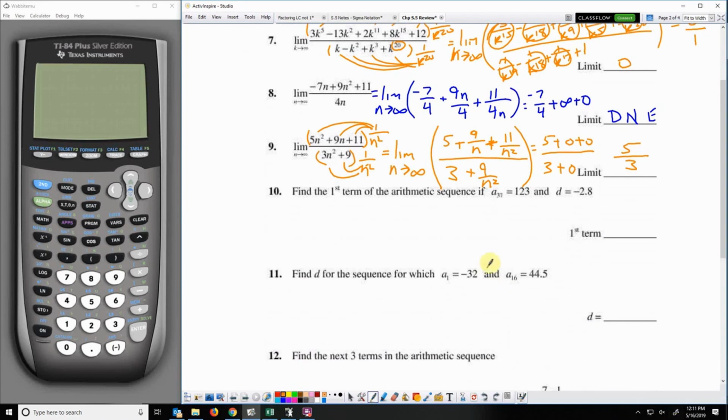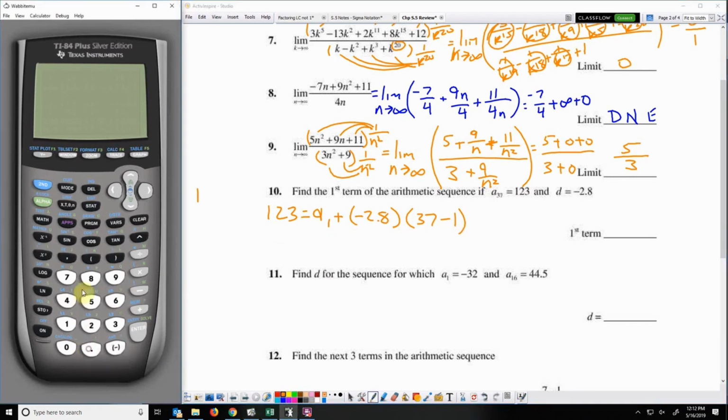Find the first term of an arithmetic sequence. That is formula 1. So we're looking for a sub 1, knowing that a sub 37 is 123. You don't know a1. The common difference is negative 2.8. N is 37 minus 1, so I can evaluate this here.